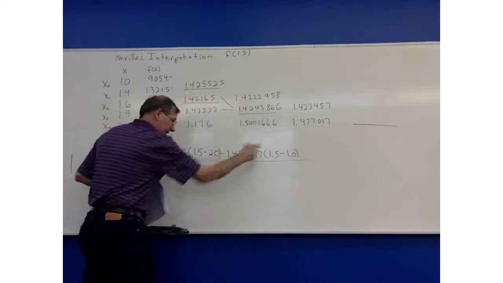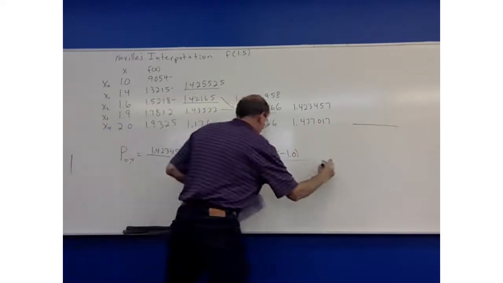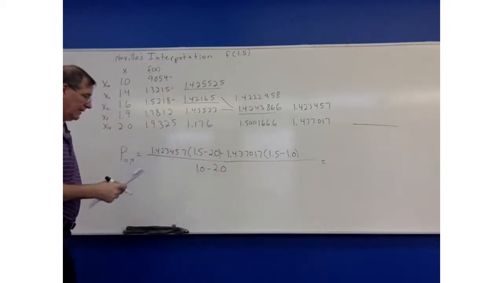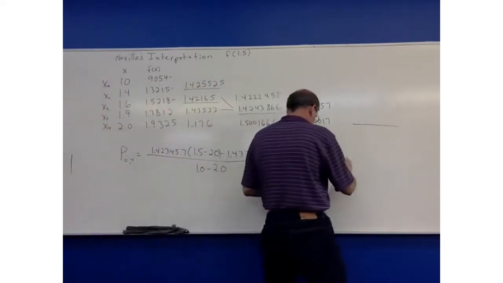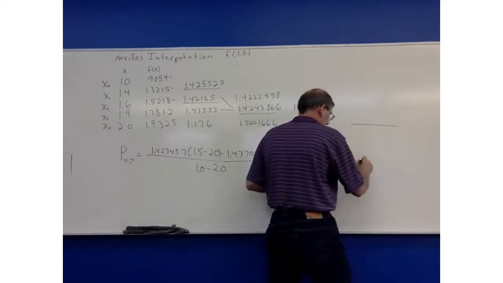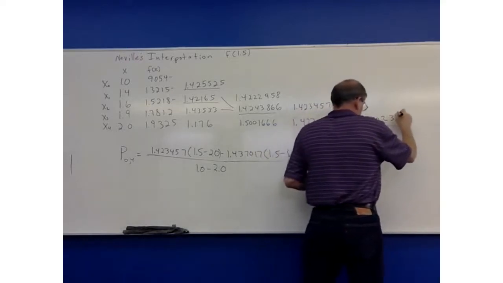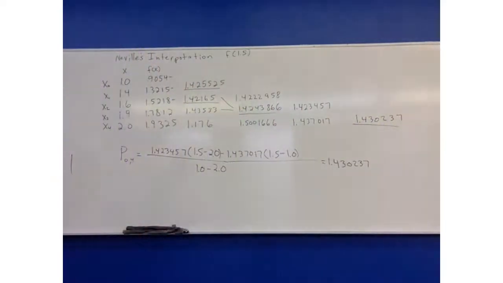Then down here, we take 1.0 minus 2.0. That's nice, so we're dividing by, actually, -1. But we end up with 1.430237.